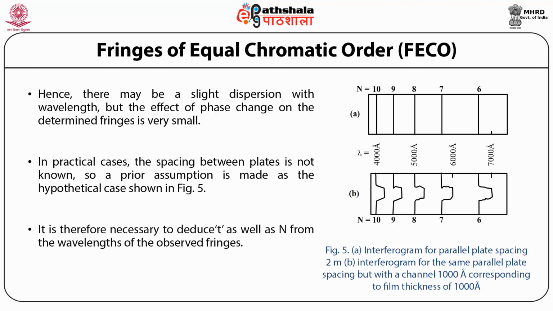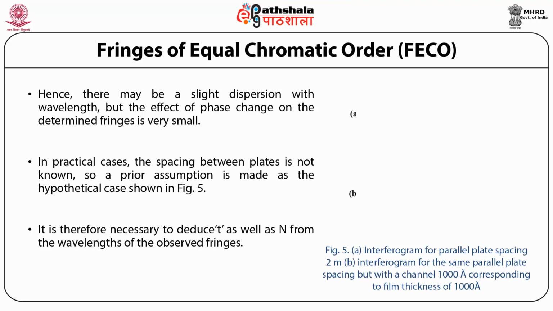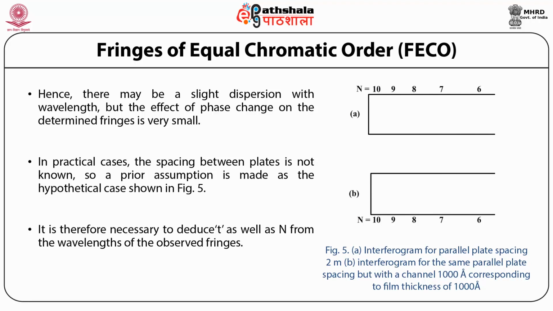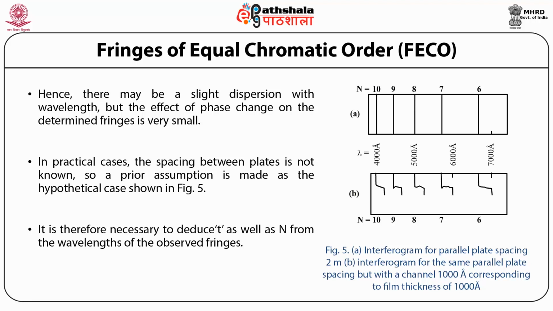It is therefore necessary to deduce T as well as N from the wavelengths of the observed fringes. Figure 5 shows firstly the interferogram for parallel plate spacing 2 micrometer, and in part B it shows the interferogram for the same spacing but with a channel of 1000 angstrom, corresponding to a film thickness of 1000 angstrom.